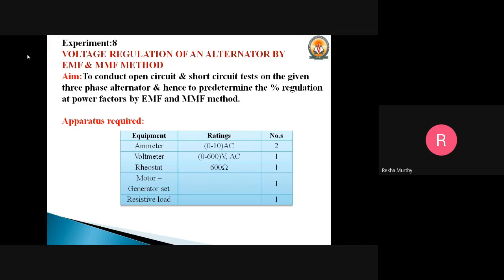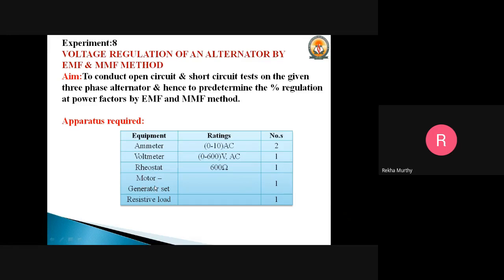We require it when we need to find out the resistance of the armature. That time we are going to make use of this resistive load. Right now we require only these four setups.